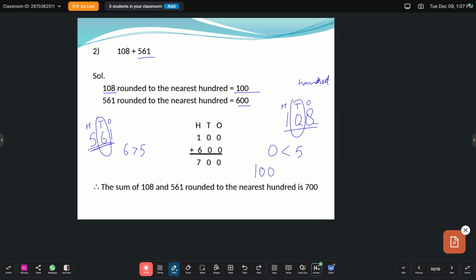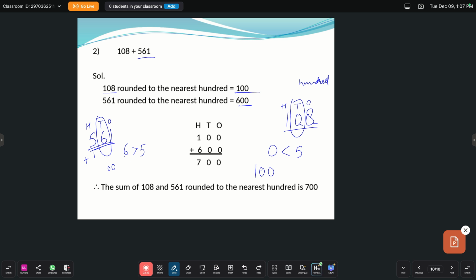That means at the hundreds place we add 1, and the digits at the ones and tens places become 0, 0. Are you getting me? So we round this 561 to the nearest 100, and since the digit at the tens place is 6, and 6 is greater than 5, we round 561 to the next 100. The next 100 is 600.